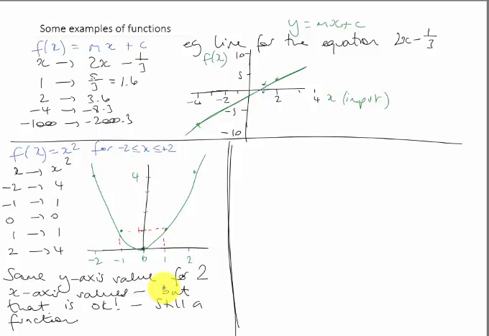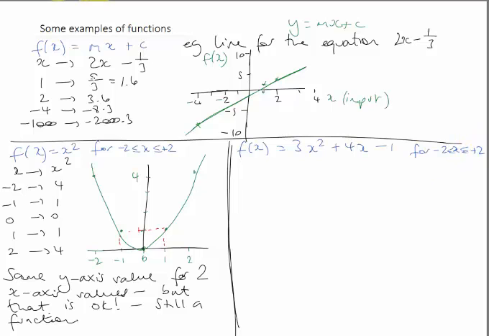So now we're going to look at a slightly more complicated one. So how about f(x) is 3x squared plus 4x minus 1. And we're going to do that for x between -2 and +2 as well.